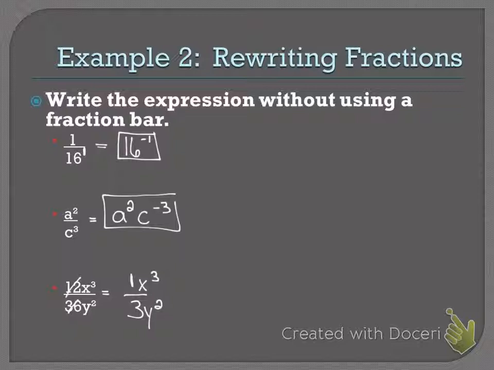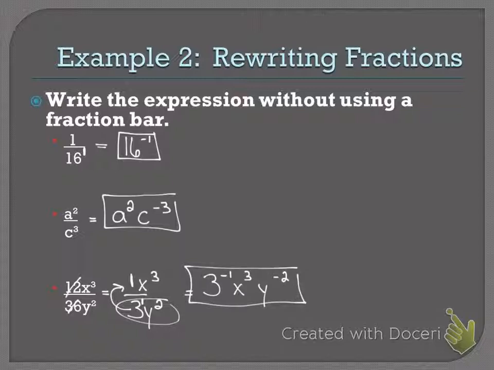Okay, well, if I have to move basically all of this into my numerator, this becomes, now this is a 3 to the 1, so it becomes 3 to the negative first power, x to the third power, and y to the negative second power. It's basically just teaching you that you can manipulate your exponents, you can move them from one side of the fraction to the other, and their sign is basically the opposite.